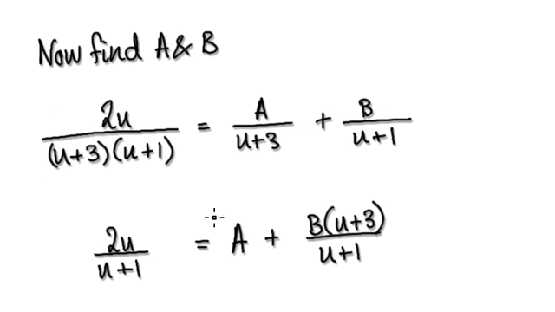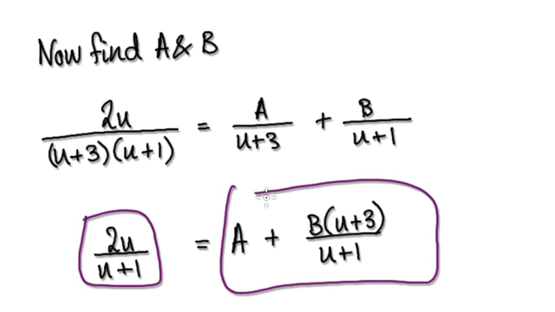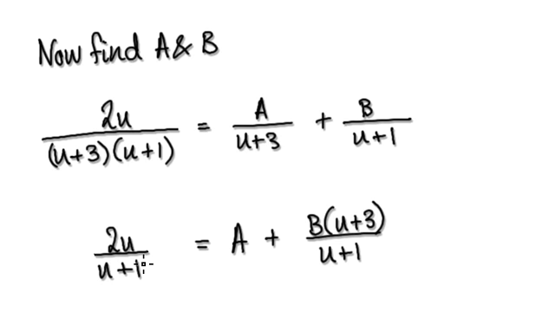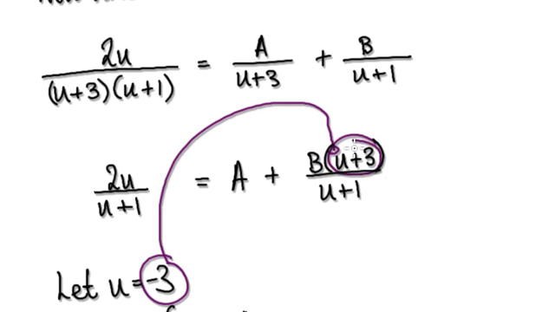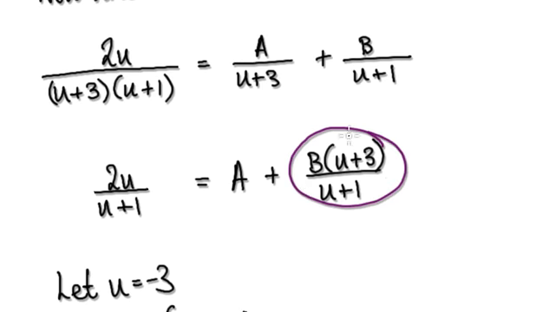Now we want to find a and b in such a way that this will always be equal to this for all values of u. So it should work for u being minus 3. So let u be minus 3. When u is minus 3, if you put it into here, this thing here would be 0, making this whole thing here 0.